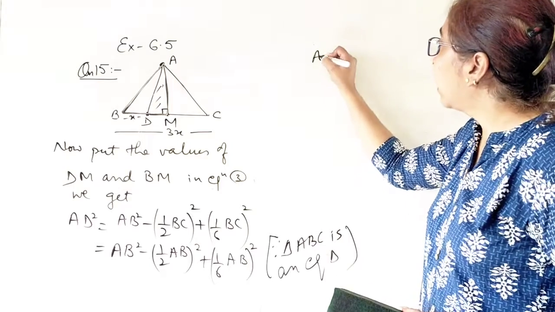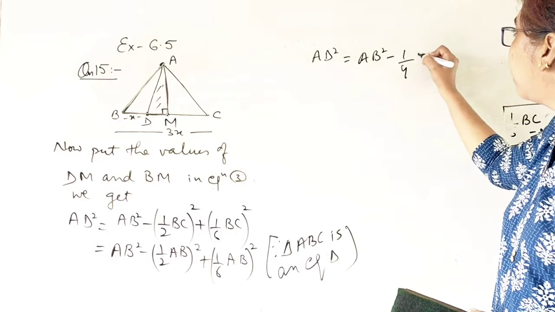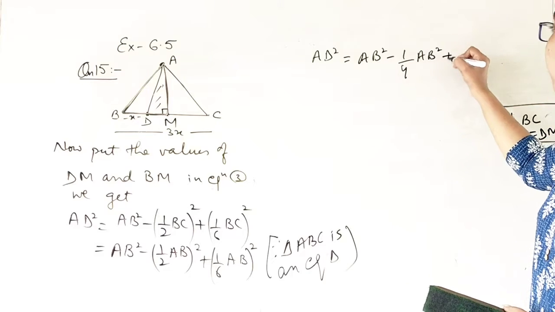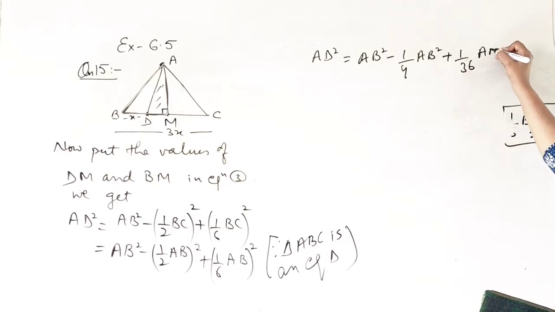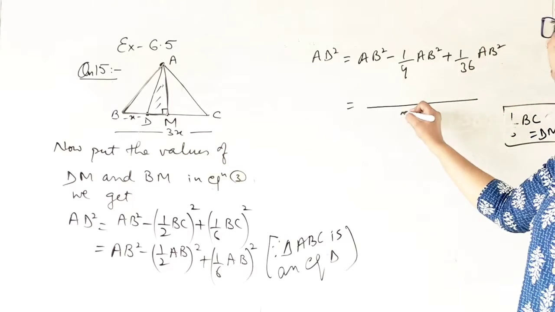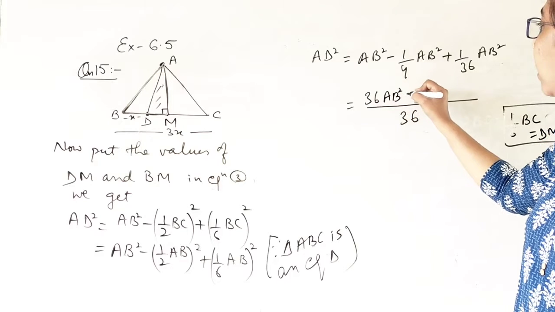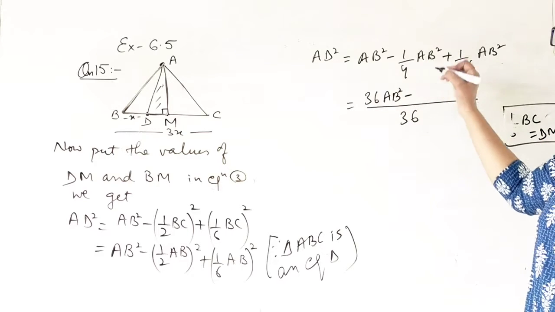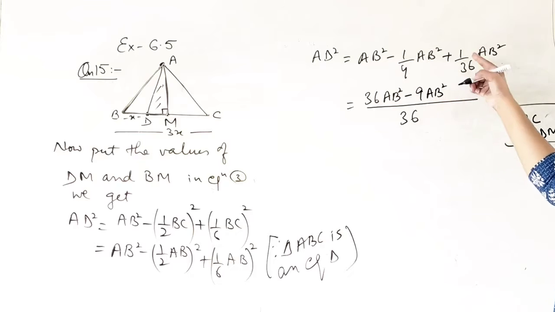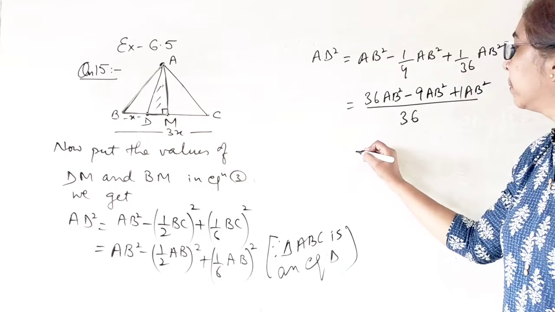Now solve it. AD square equal to AB square minus 1 by 4 AB square plus 1 by 36 AB square. Okay? So take the LCM here. LCM will be 36. This is 36 AB square. 4 nines are 36. So it will be 9 AB square and this is AB square. 1 AB square or AB square is the same thing. Now solve it.